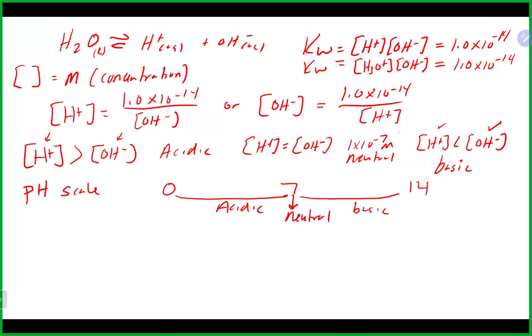And that's because that is when they both equal each other. If you calculate the pH of a solution at that point, it will give you a pH of exactly 7. So technically speaking, 7 is really neutral. As you go from 7, which is your midpoint of the scale, and head towards 0, you are becoming more acidic. And as you go from 7 heading towards 14, you're becoming more basic.